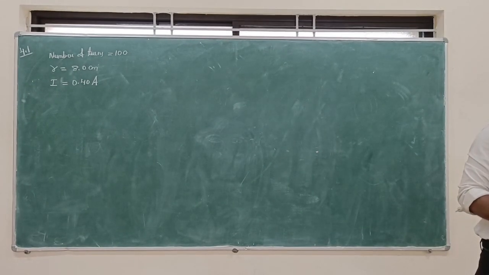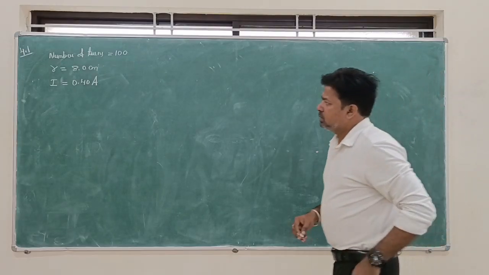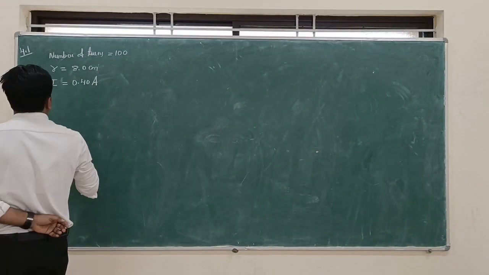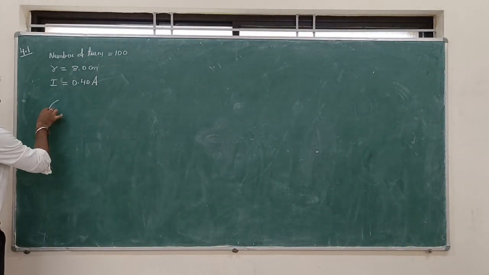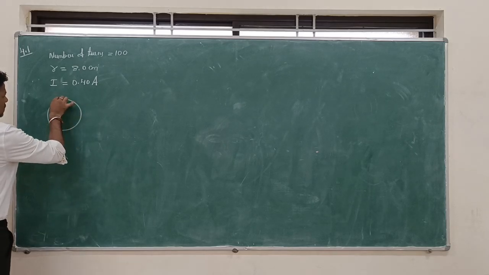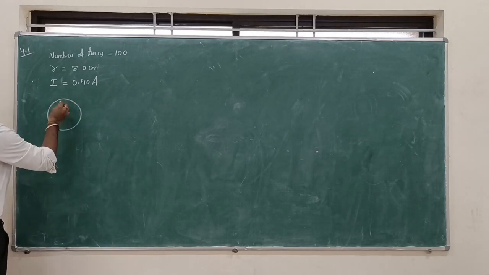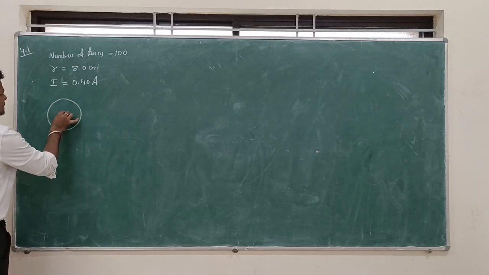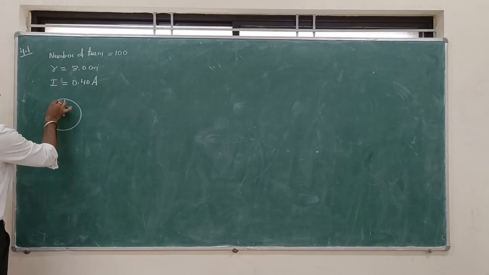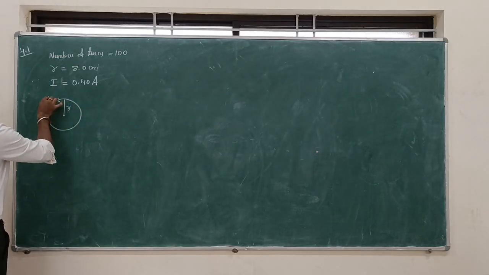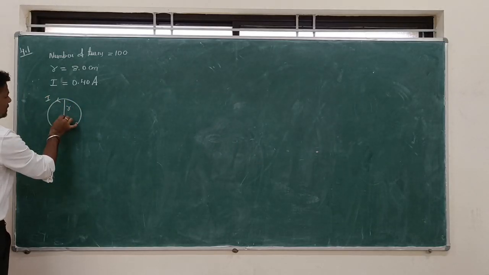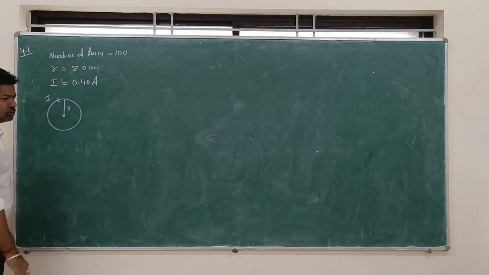They have given a circular coil, single coil, right? For a single coil, the radius of this single coil is R. The current flowing in this coil is I. How to calculate the magnetic field at the center of the coil?